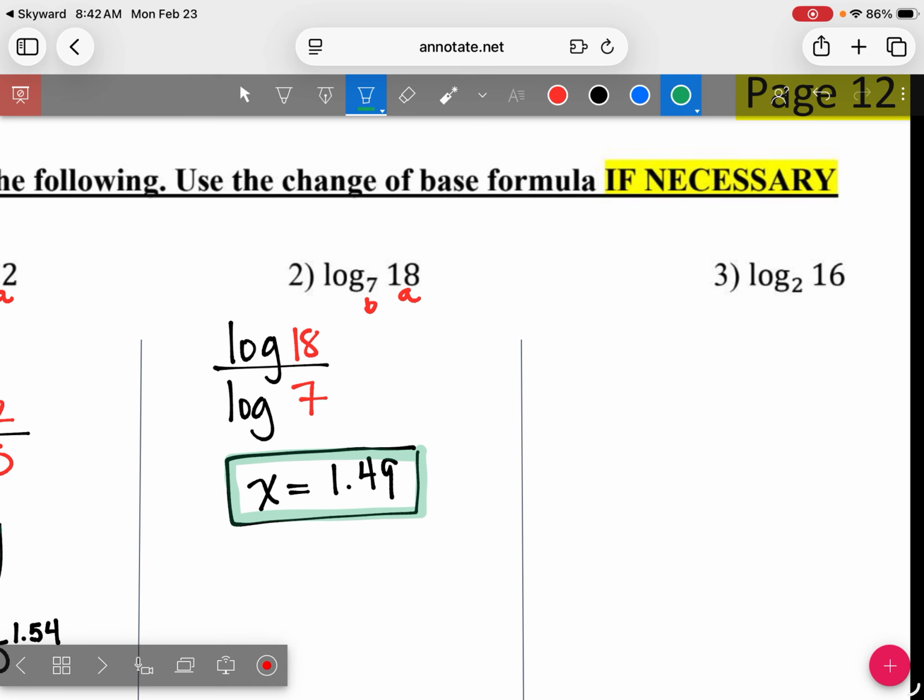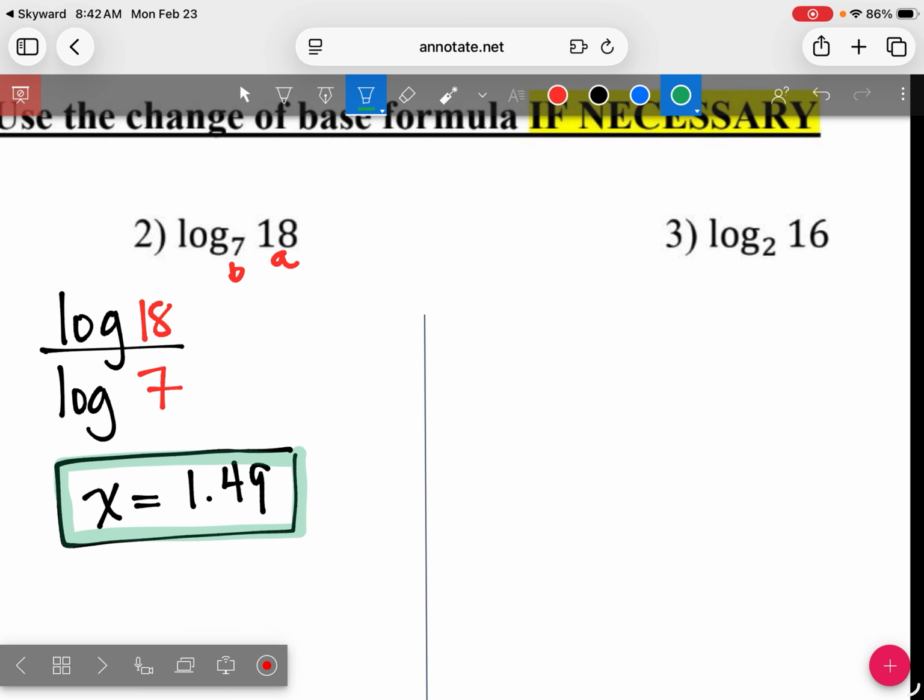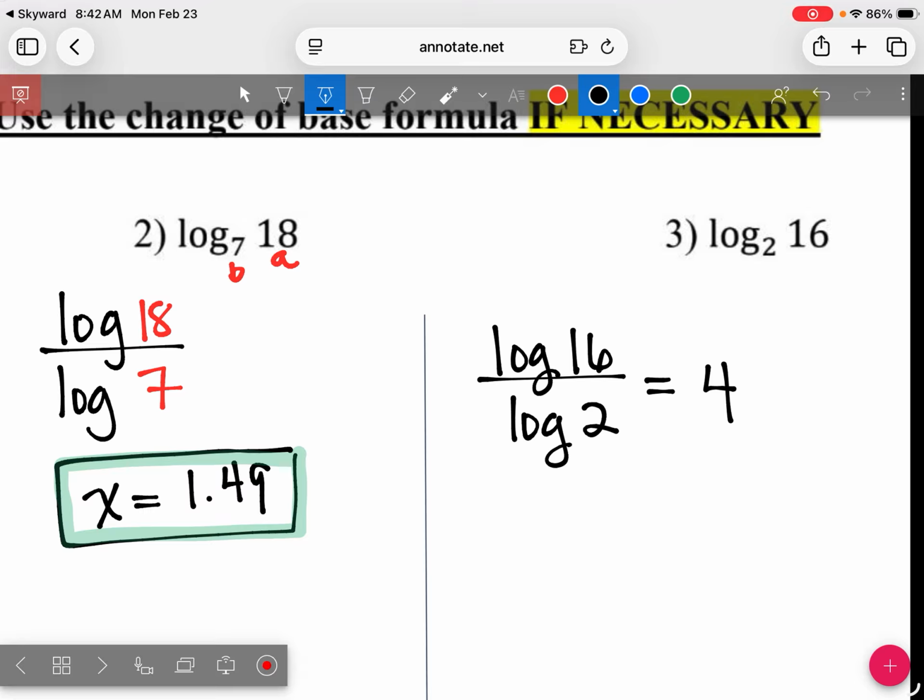All right, go ahead and do number 3 by yourself. Who got 4?